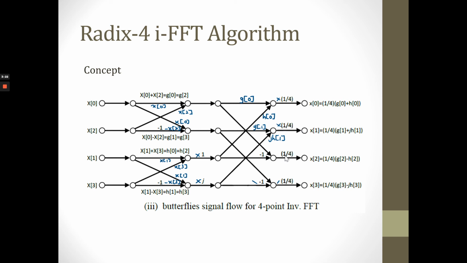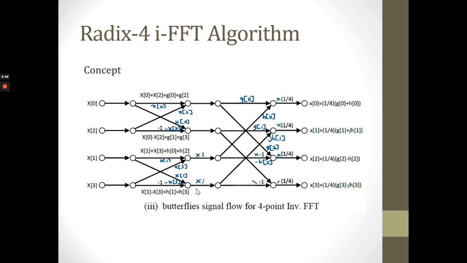So the next line is based on this one, so we use g2 for x2, and from this one we use h2 multiplied with 1 and again multiplied with negative 1, so we have negative h2. So at this point is g2 minus h2 multiplied with 1 over 4, so we have x2 here.